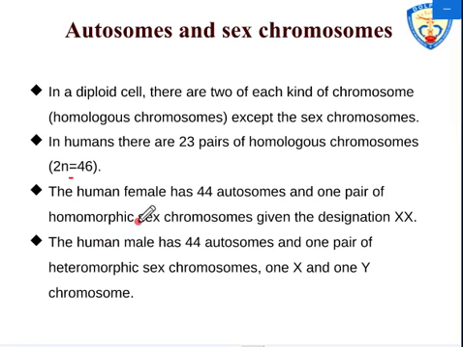In human females, there are 44 autosomes, that are the somatic or the body chromosomes, and 1 pair of homomorphic sex chromosomes, that are X and X. Therefore, homo means same, morph means form. In contrast, human males have 1 X and 1 Y chromosome as sex chromosomes, and therefore human males have heteromorphic sex chromosomes, and they have 44 autosomes. That is common.